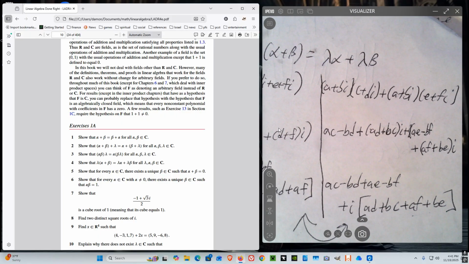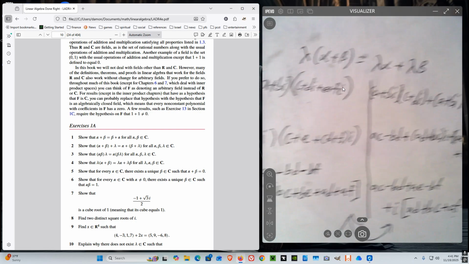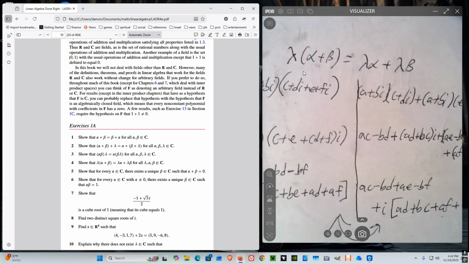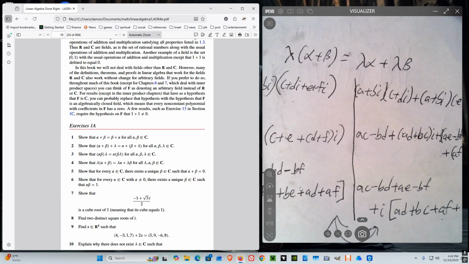And then you can just go down this way and reverse these steps to get to this side. Okay, so that's a trick: if you get stuck at some point on one side, you work on the other side and try to get the two to match.